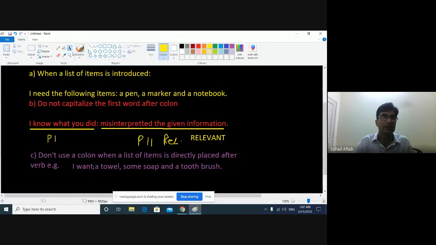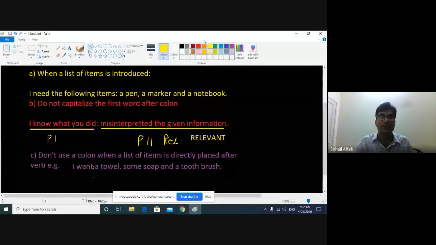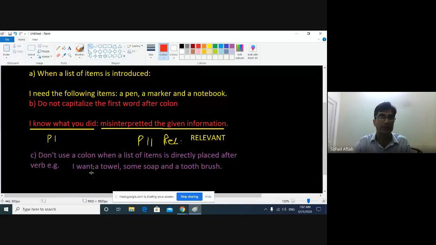You won't do it. If you do it, your teacher will underline it. So it will be a kind of mistake here.